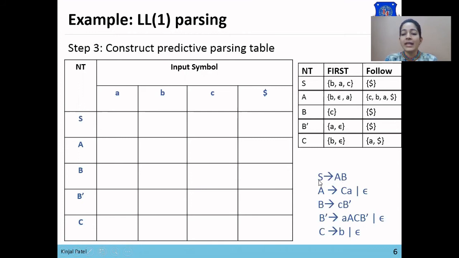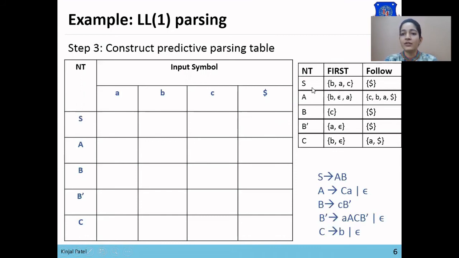So here, if there is only one alternative in the right hand side, then the S derives AB will be placed in the first of S. But if there is more than one alternative in the right hand side, then the production will be placed in the first of those alternatives only. For example, here S derives AB. So here the first of AB will be first of S.